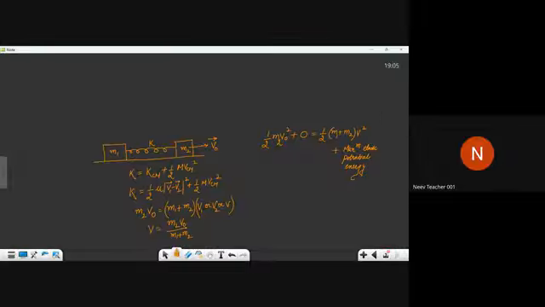Find the loss in kinetic energy when the system is in maximum deformation state.